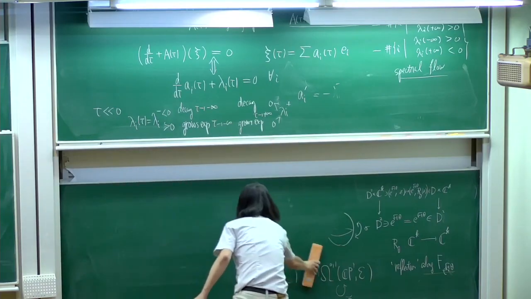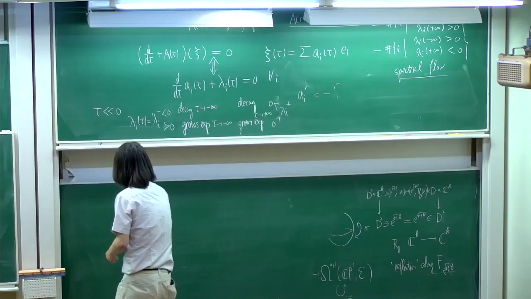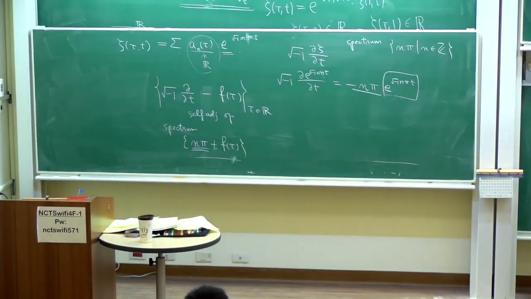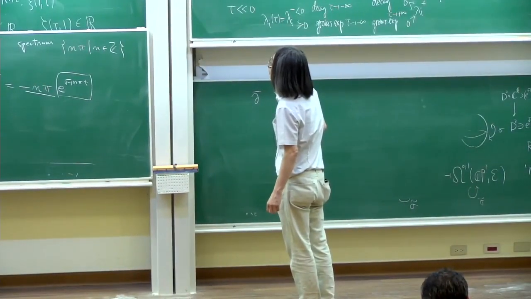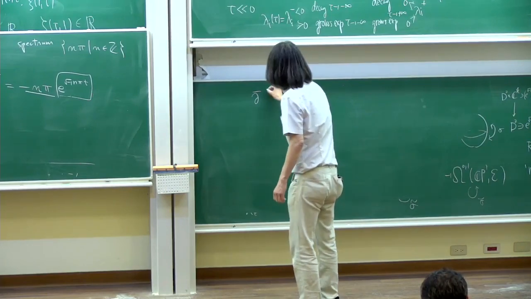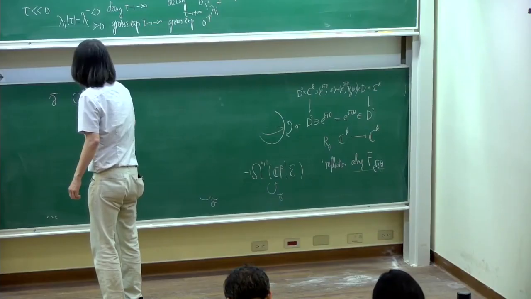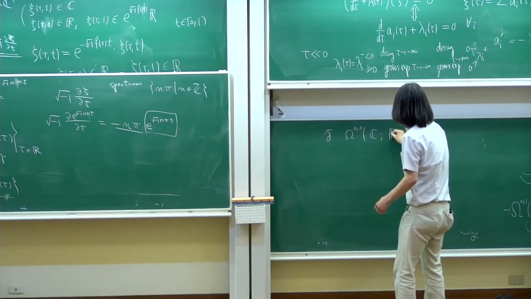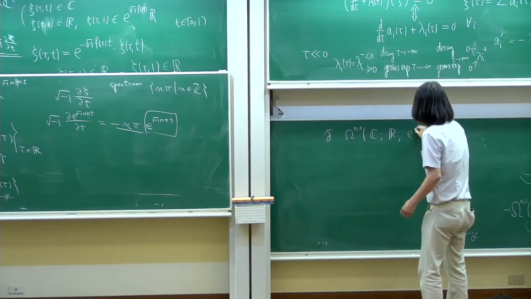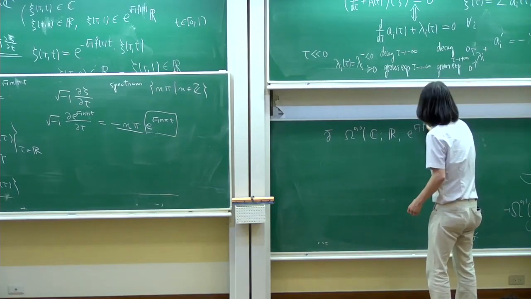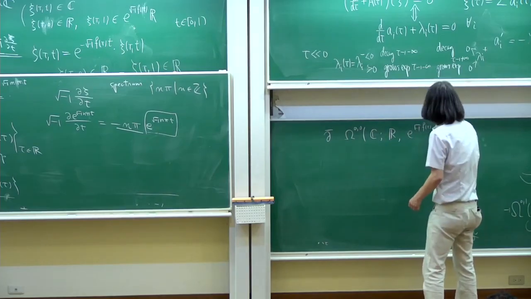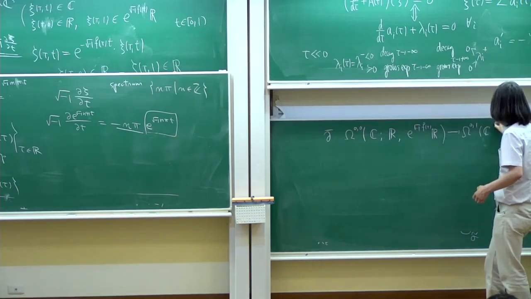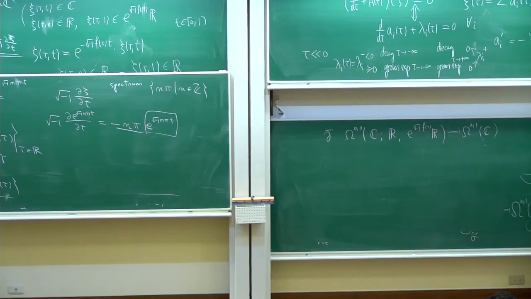So sorry, we have this Dirac operator with this property, omega 0, and the boundary value condition is one is R, and the other one is e to the root minus 1 of f tau of R to omega 0, one of C. I mean, C is just the values.